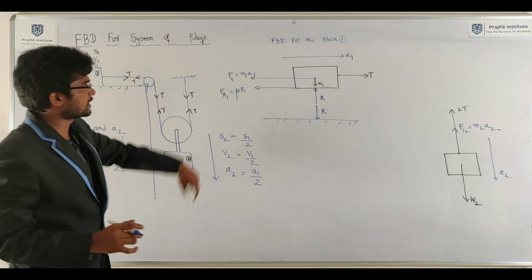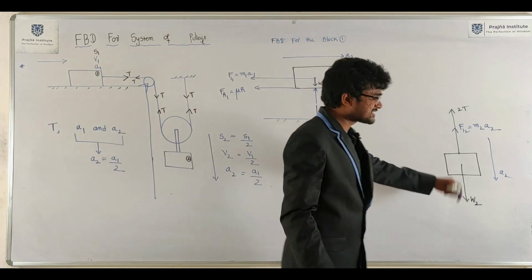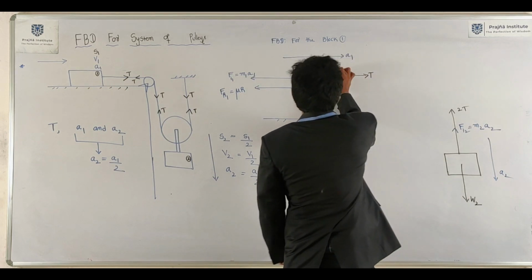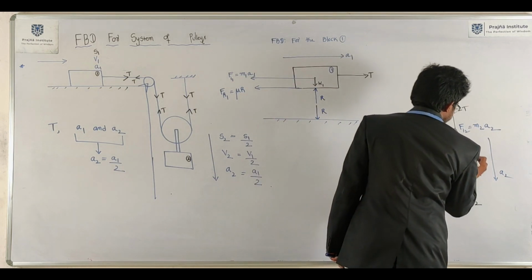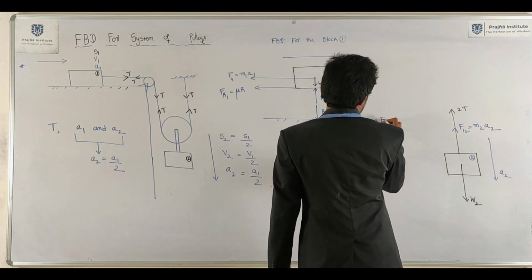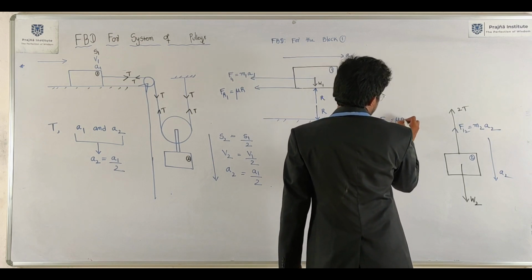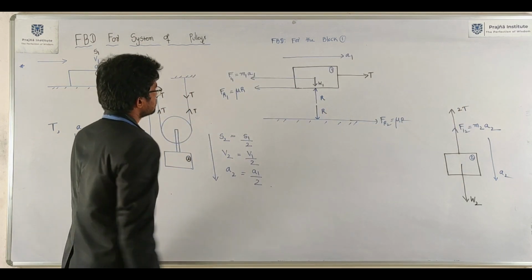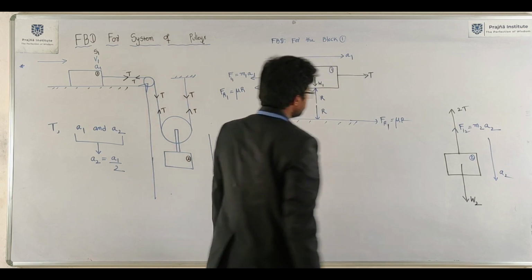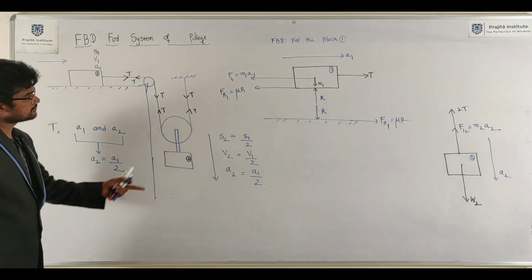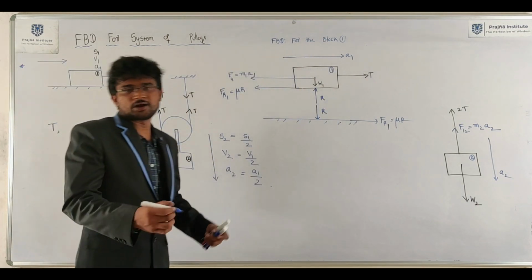Frictional resistance at the contact surface: FR1 equals mu R. There is no frictional resistance here. This is block 1, block 2. FR2 is equal to mu R. So only one reaction; no need to put R1, R2 like that.